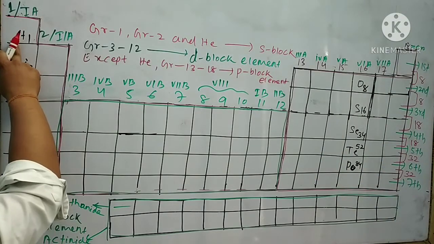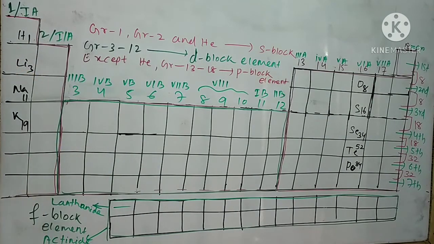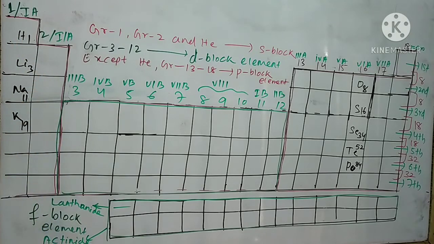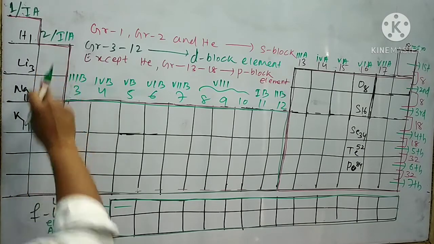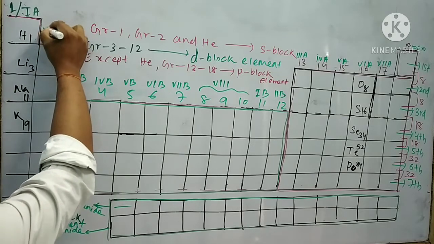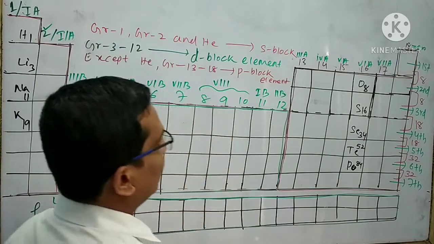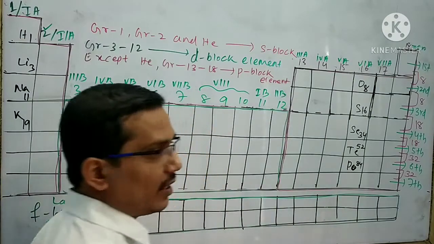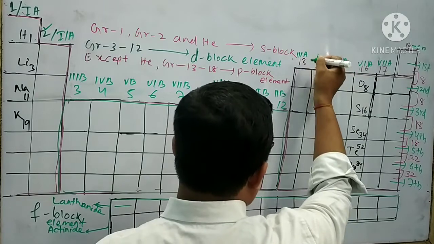The group number of this group element is 1, that is your IA. It indicates that the valency of the element present in group 1 is 1. Since the valency of group 2 element is 2, so this group is named as IIA. Next thing about the group 13 elements, the valency of the element present in group 13 is 3, so the group number is your IIIA.